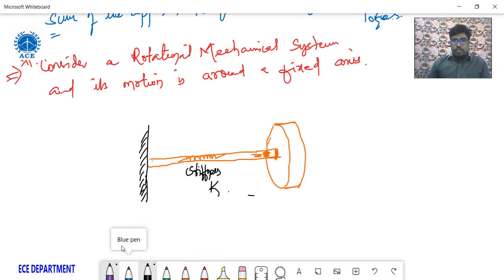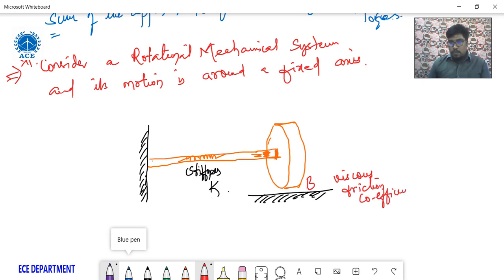Now this is ground here. Now in this case we have B, viscous friction coefficient, or you can simply say damper element.